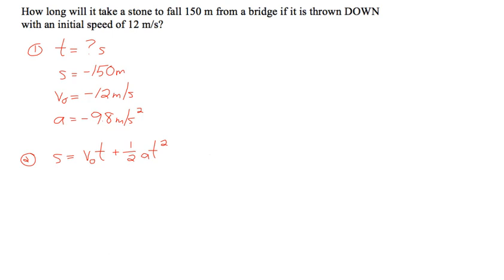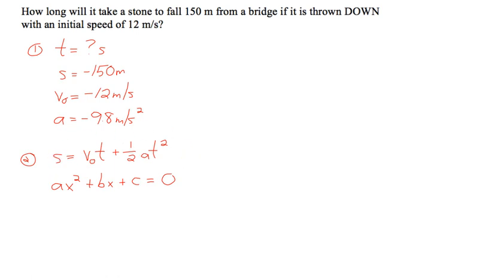So I want it in this form: AX squared plus BX plus C equals 0. That's the form that I want the equation above to be in. Well, my second degree term is right there, so that's going to be in the first position. My first degree term is in the second position, and I'm going to need to move the S to the other side, so they're all on the same side, but if it's a positive S on this side, it'll be a minus S on that side.